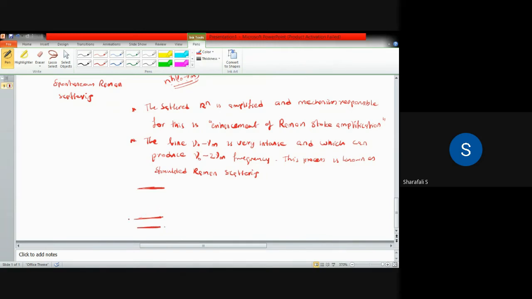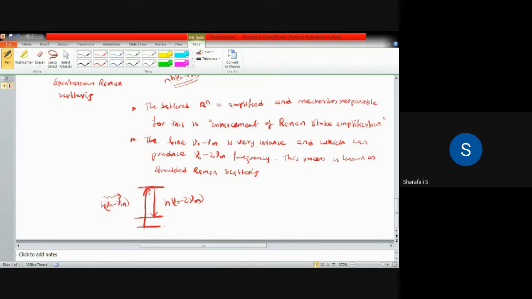If you have h nu zero minus nu m energy incident on that particular sample, the sample will go to some excited energy level and come back to the ground state, so that you will get h nu zero minus 2 nu m.